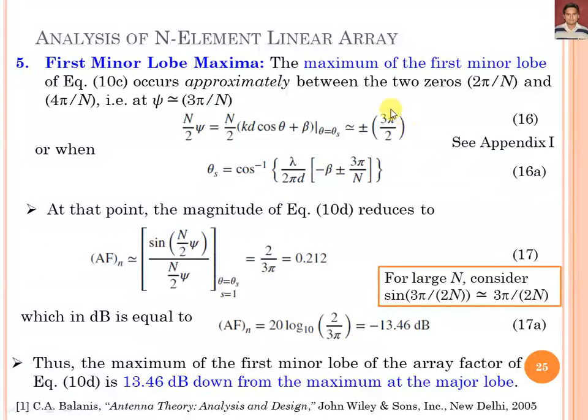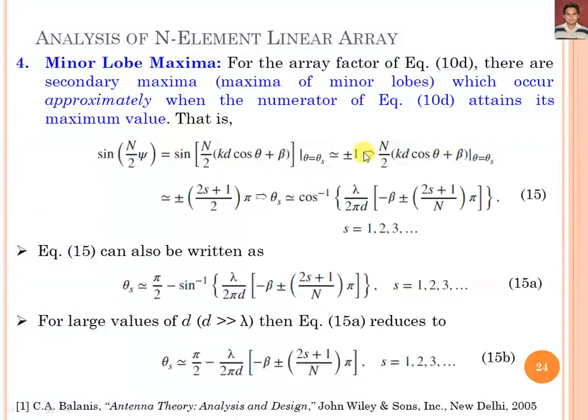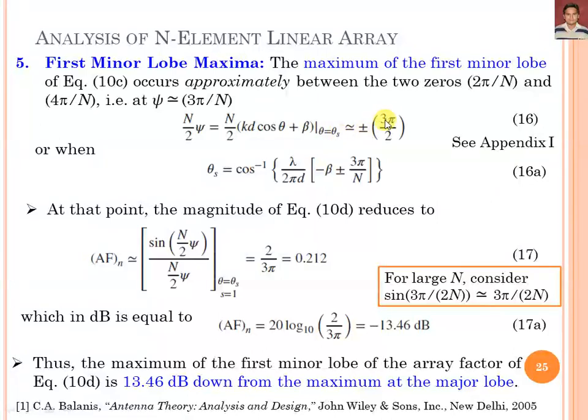This value we can get from appendix I, but here we take plus minus 1 for the minor lobe maxima, and the first minor lobe maxima is equal to 3 pi by 2. Then we can calculate theta s.